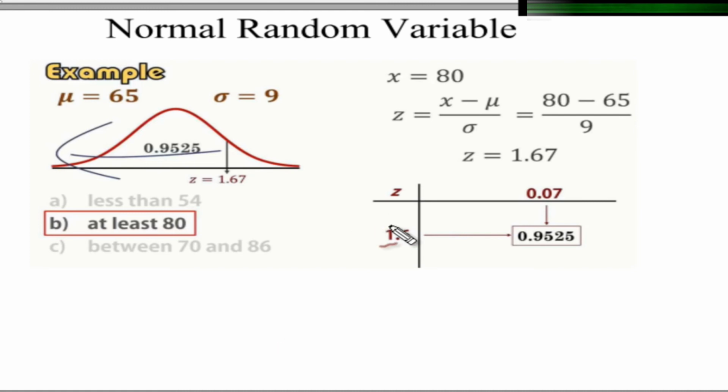By seeing in the table, you will see the 1 decimal point, which is 1.6, and the other point I should add with it to get 1.67 is 0.07, and by the intersection of this row and this column, I will get the value 0.9525.